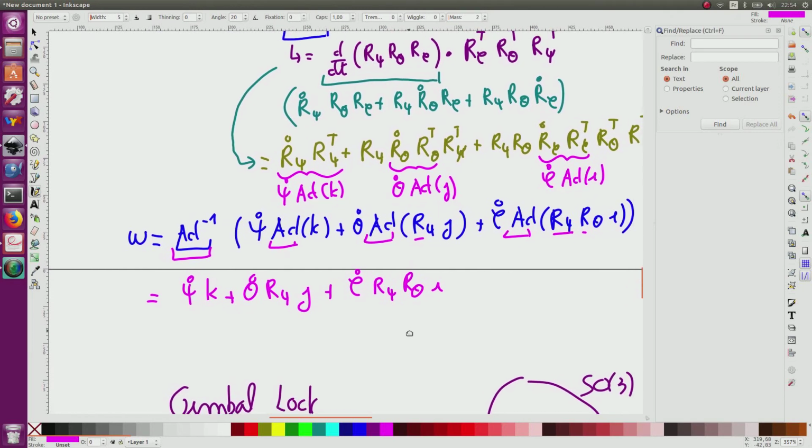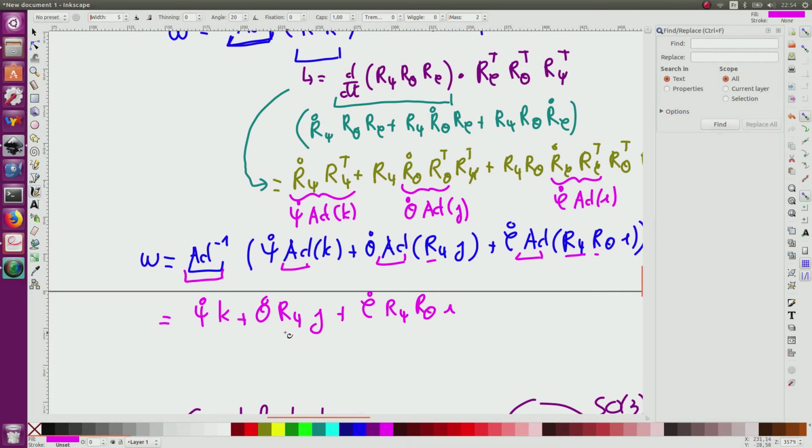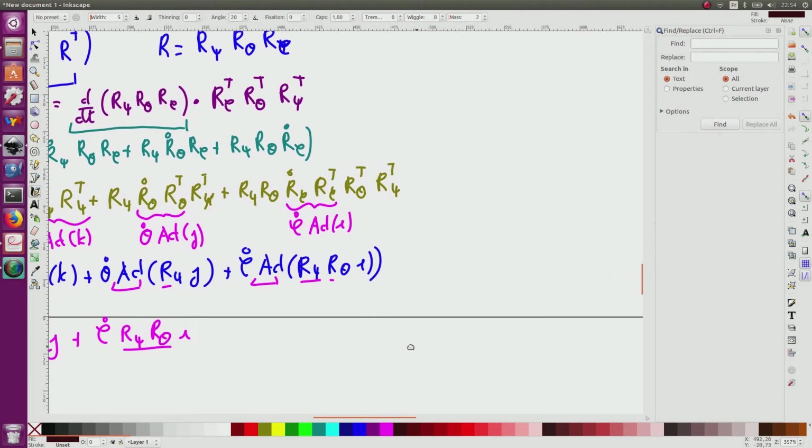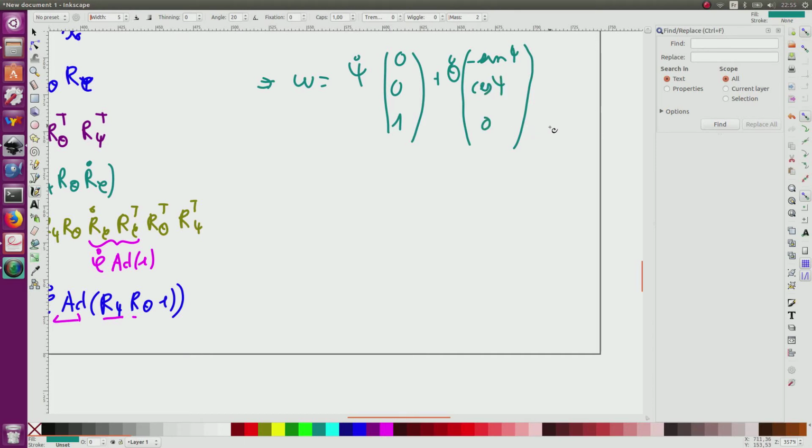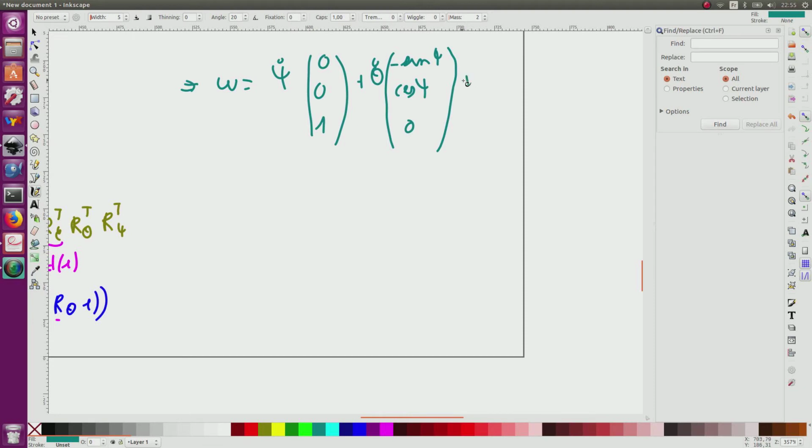And since I know the expression of these matrices, I will obtain omega equal psi dot multiplied by 0, 0, 1 plus theta dot multiplied by minus sin psi, cos psi, 0, and here plus phi dot multiplied by cos theta cos psi, cos theta sin psi, and minus sin theta.